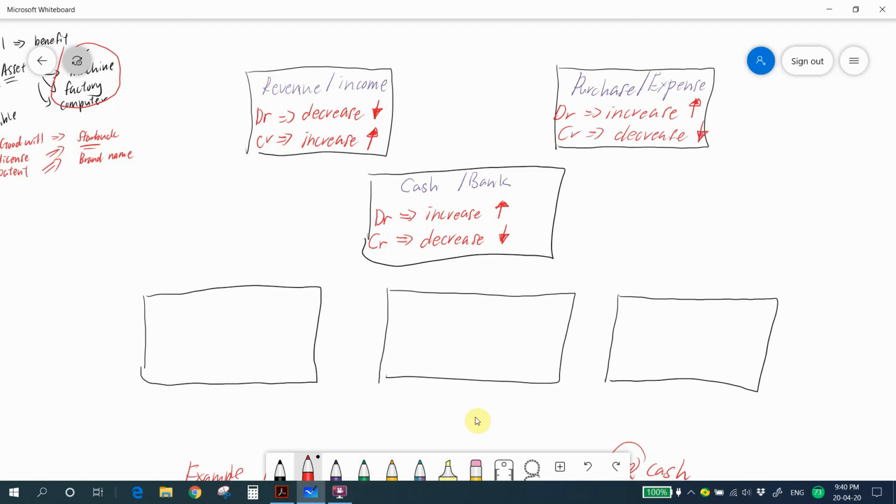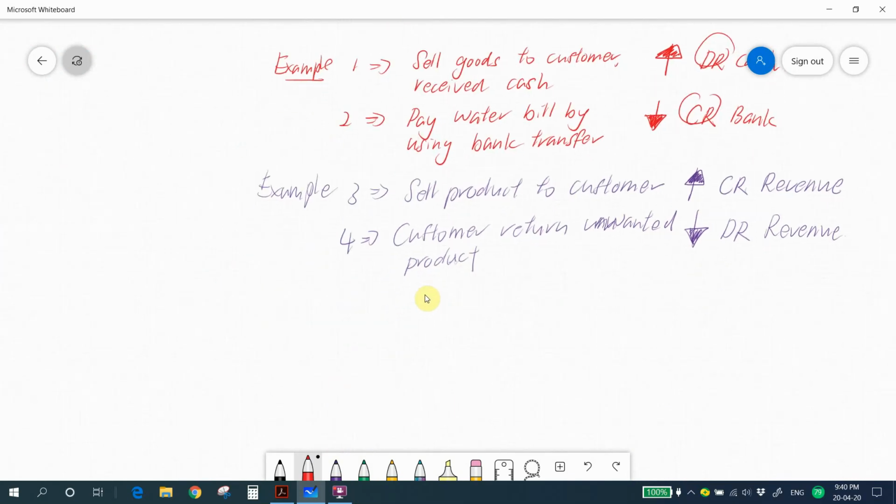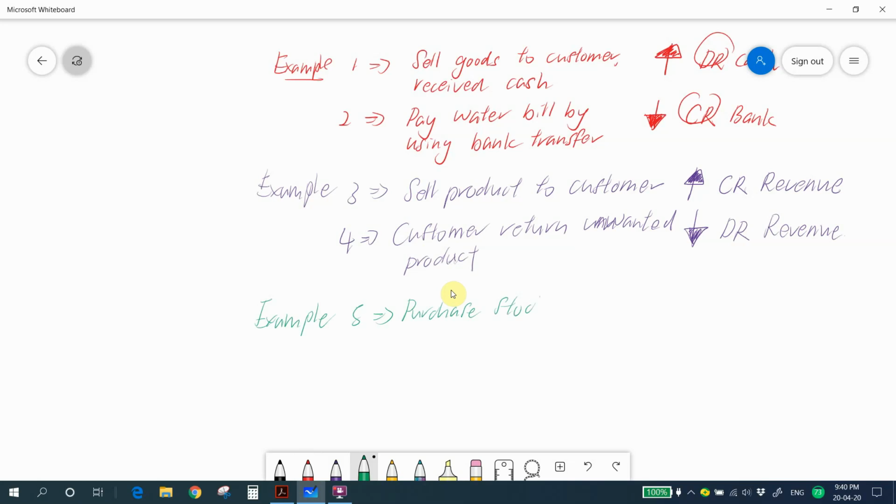So let's explain this. Example 5. Let's say you purchase stock from your supplier.